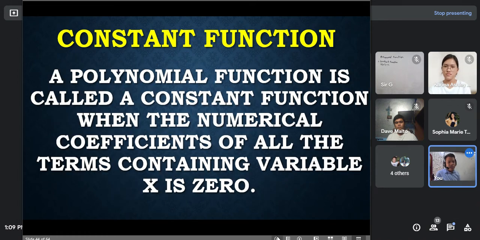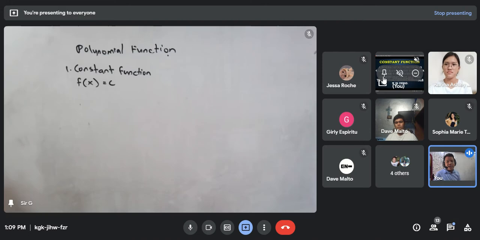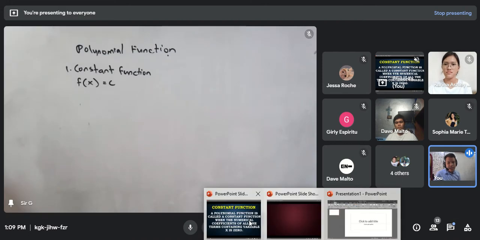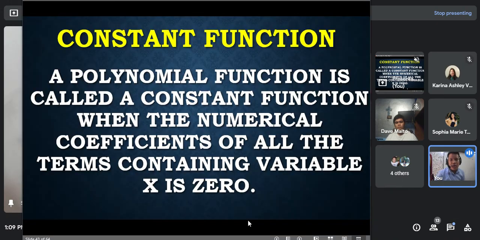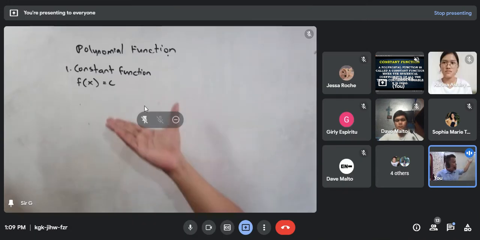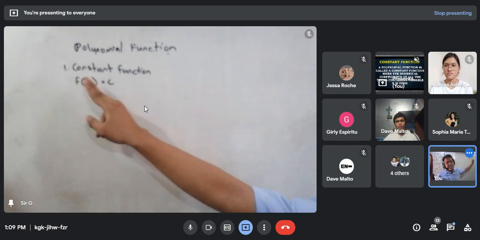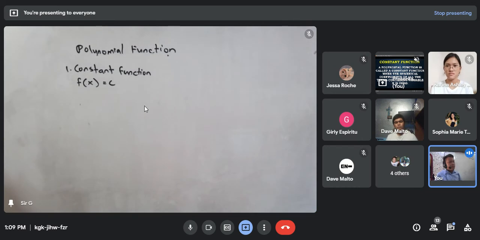Kung mapansin natin dito sa second screen, sabi diyan, when the numerical coefficients of all the terms containing variable x is 0. Since meron tayong f of x, it means na function yan is equal to c, which is our constant. Sa madaling sabi, pag sinabi natin constant, katulad kanina, wala siyang kasamang variable.